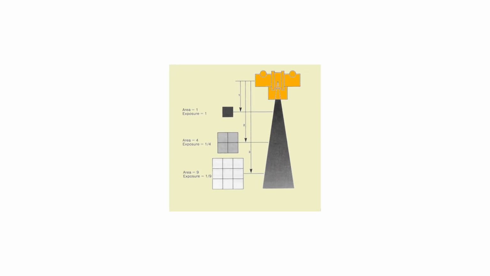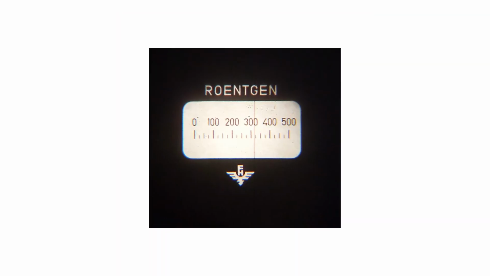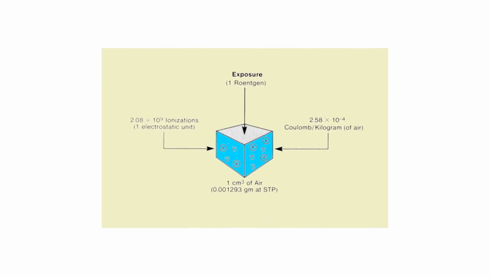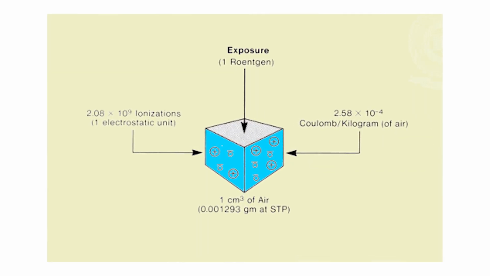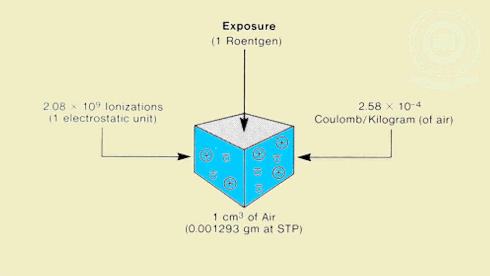There are two units for expressing exposure. The first one is the conventional unit, that is the Roentgen, denoted as R, and the second unit, the SI unit, is the Coulomb per kg of air, denoted as C per kg of air.